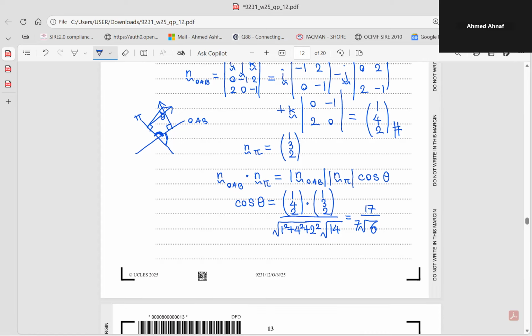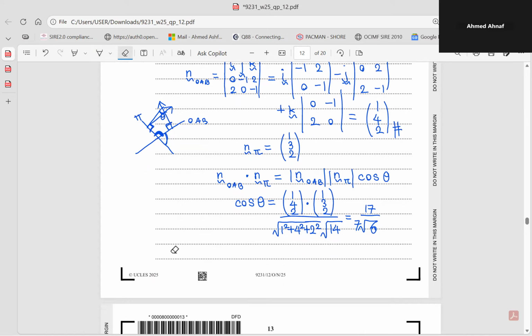All right, so to find this, since these two are 90 degrees, the sum of these two angles has to be 180. So to find the acute angle, wait, never mind. I think I should just leave it.